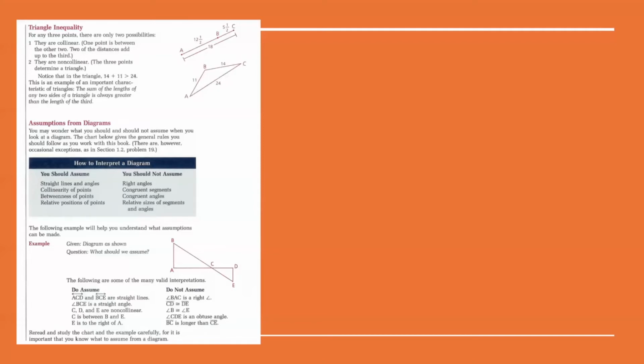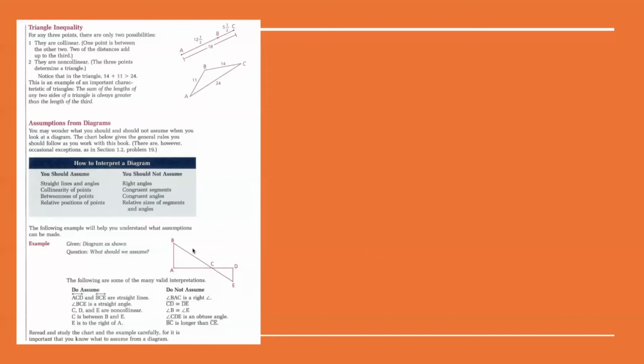For example, look at this diagram shown. We can assume that ACD is a straight line, BA is a straight line, BCE is a straight line, and DE is a straight line. We can also assume that BCE is a straight angle, and C, D, and E are non-collinear.